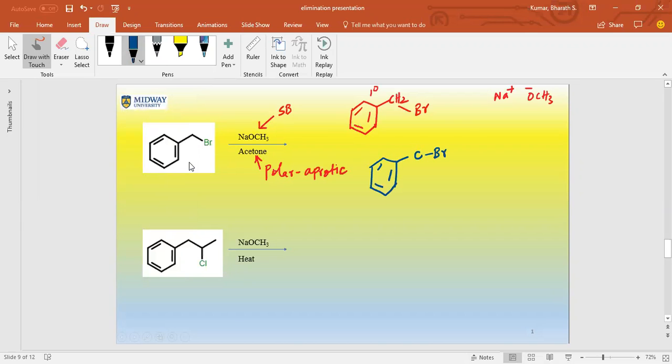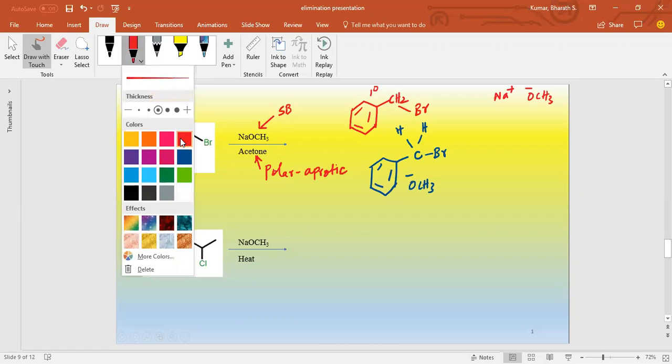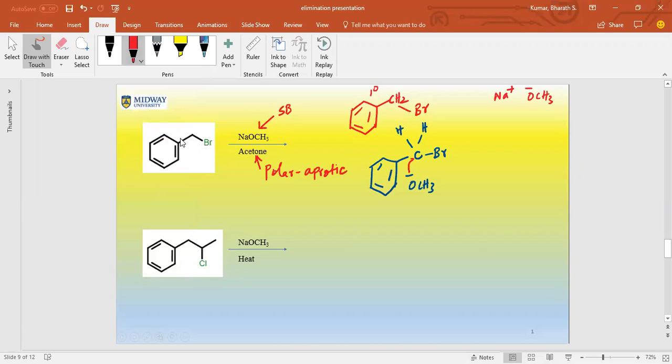Let's leave the Br here and the two hydrogens here, okay? So your nucleophile attacks from the opposite side. So OCH3 minus, I'm going to switch colors again, maybe a red. It attacks from the side opposite to where the leaving group is. Because it's an SN2, it's a concerted mechanism, so all of this happens at the same time.